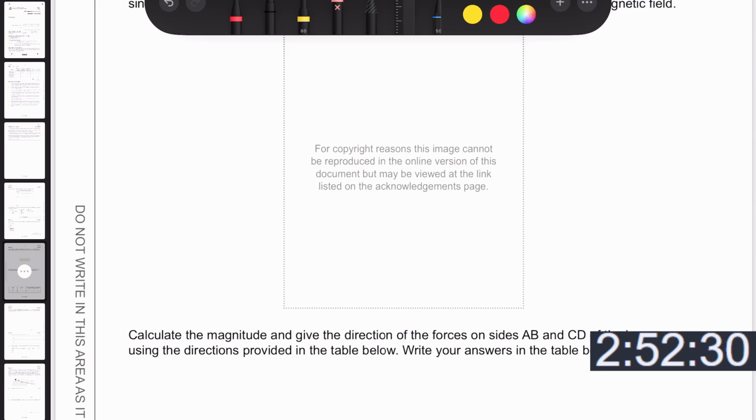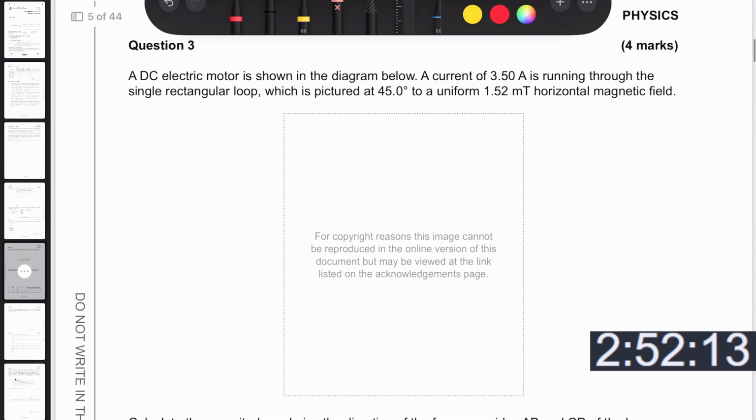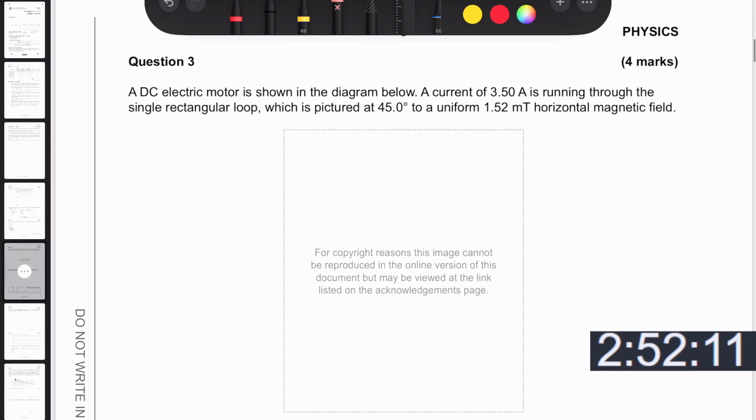I don't think I'm looking at the correct image actually, because I see nothing with numbers. Calculate the magnitude and give the direction. Oh wait, the numbers are here. Okay, current is that.